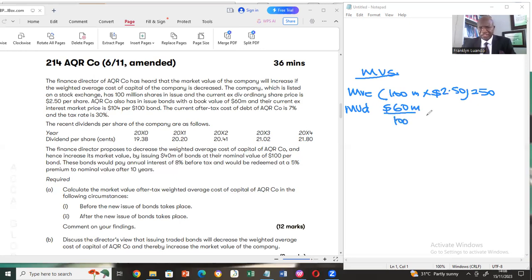For every 100, the cost is 104. We are given the price of 104 for every 100, which is indicated there.